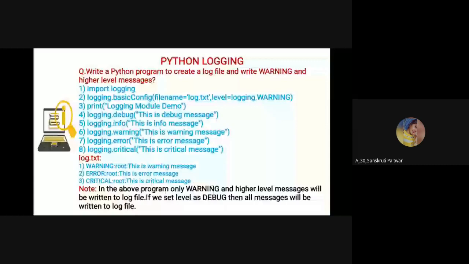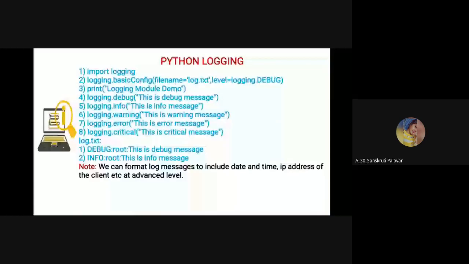Here in this case, warning level is selected, so in the above program, only warning and higher level messages will be written to the log file. If we set level as debug, then all messages will be written to the log file. So again, the same example is there, just level equal to logging.DEBUG.